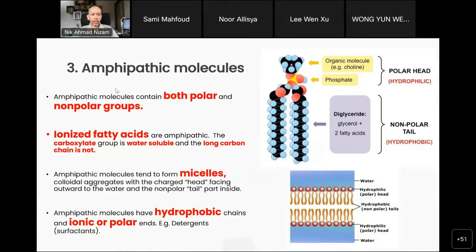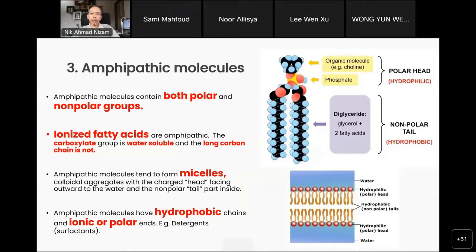To answer this question, look at the amphipathic molecules here. You can also see this in the detergent or surfactant. In the surfactant, there is a polar head and a non-polar tail. This region is hydrophilic, and this region is hydrophobic. Most of the impurities or contaminants come from organic molecules, from oil.